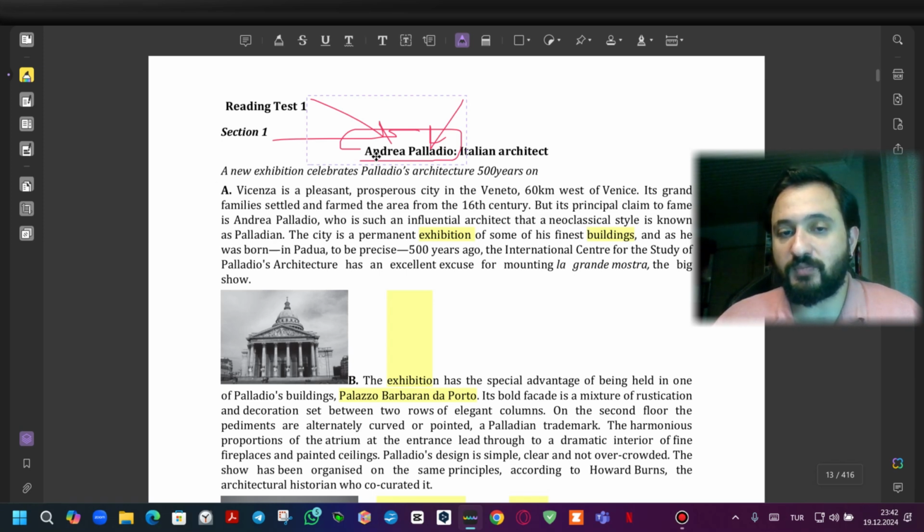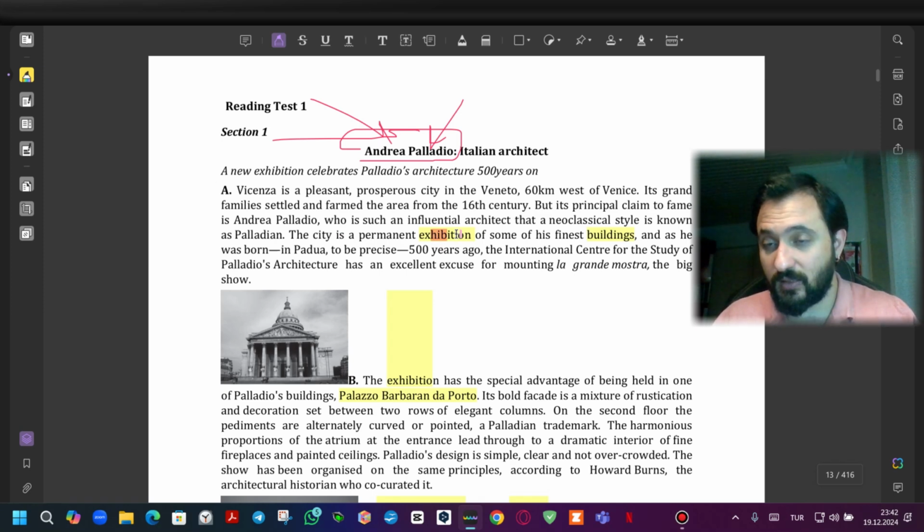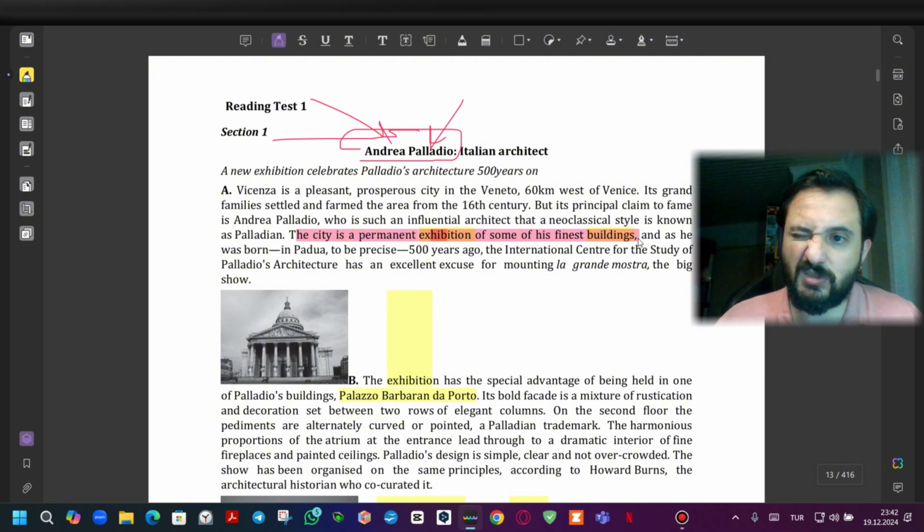The city is a permanent exhibition. Be careful. I remember the question, so I'm not going back to the question, but you need to stop and go to the question and come back. Imagine. The city is a permanent exhibition of some of his finest buildings. Renovation? I don't think so.